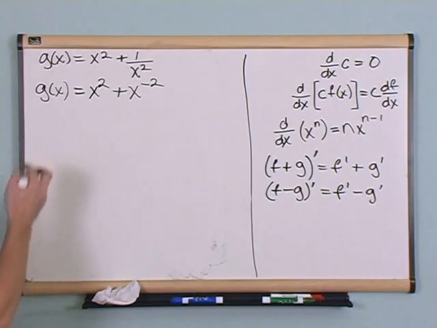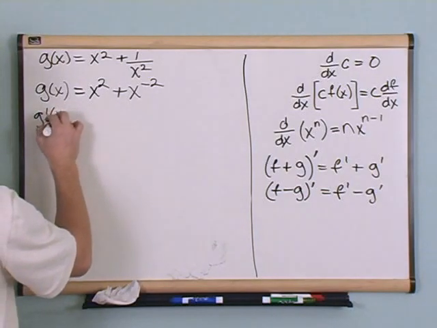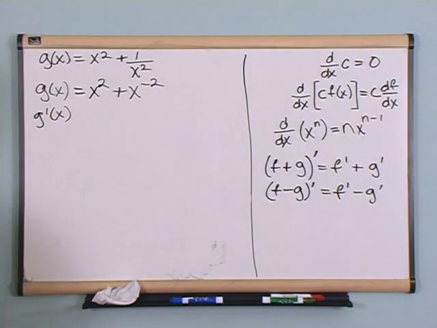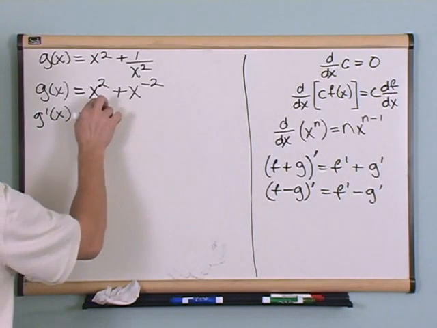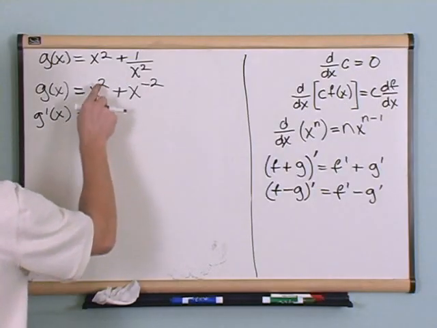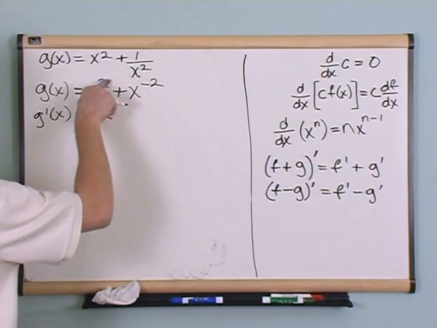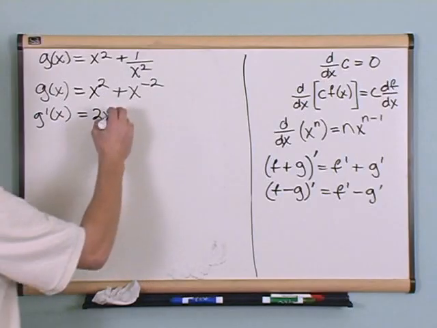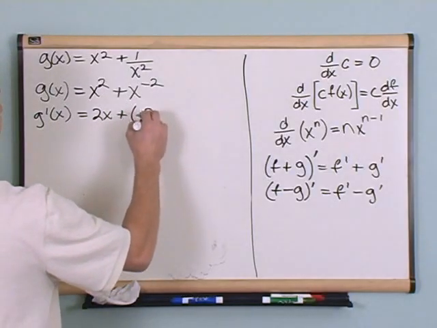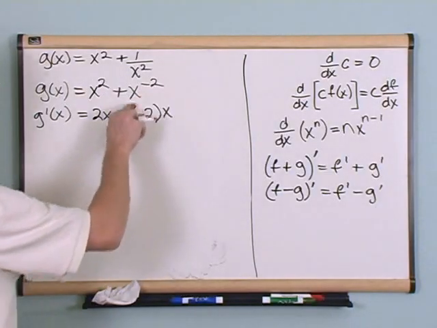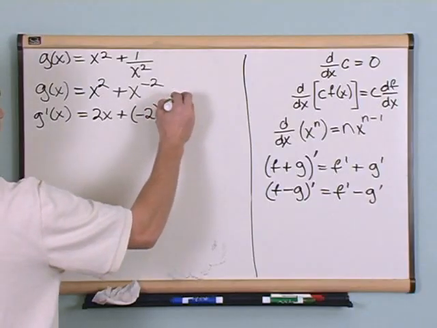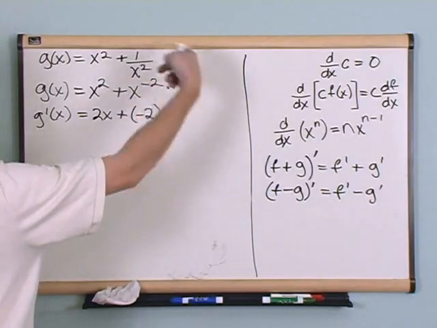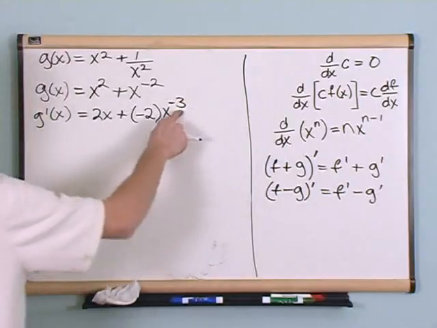Okay? So in order to find the derivative of g of x, what you would have is, for here, 2x, 2 comes down, x raised to the 2 minus 1 power gives me this, plus minus 2 comes out of the exponent times x to the minus 3. This minus 2 minus 1 gives me minus 3.